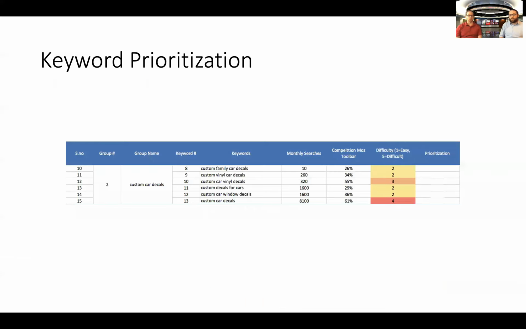Okay. So in terms of prioritizing, we'll just pull one of these keyword groups, and why don't you take a look at this and write it down, because you're not actually going to tell us at this point, what you think the ranking of these keywords should be. So prioritize the keywords from 1 to 6, with 1 being your top highest priority keyword and 6 being your least priority keyword.